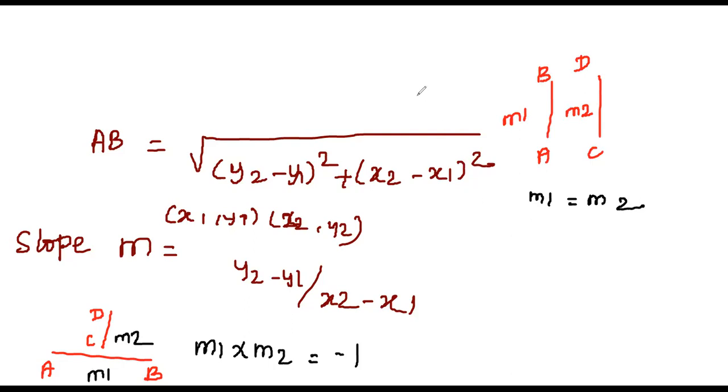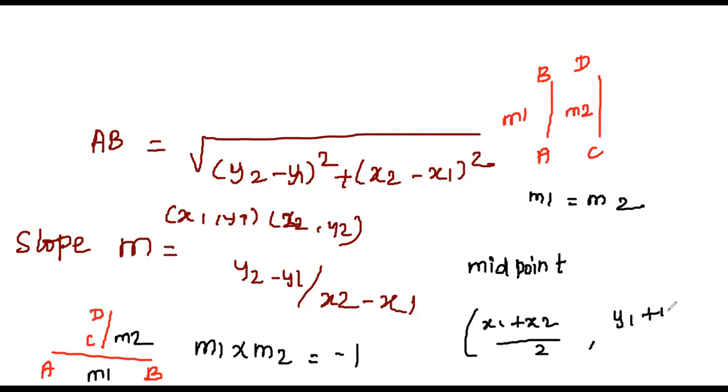This also we discussed, and we discussed how to find the midpoint also. It's x1 plus x2 by 2, comma, y1 plus y2 by 2.